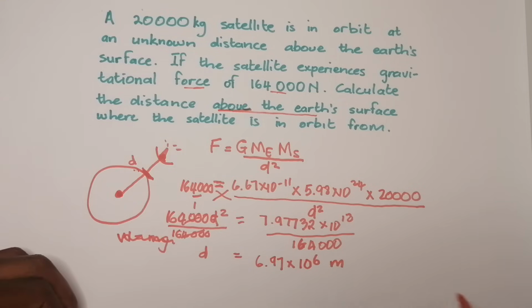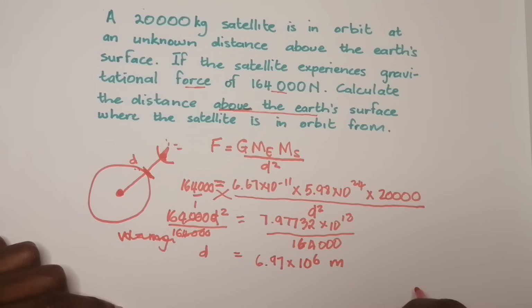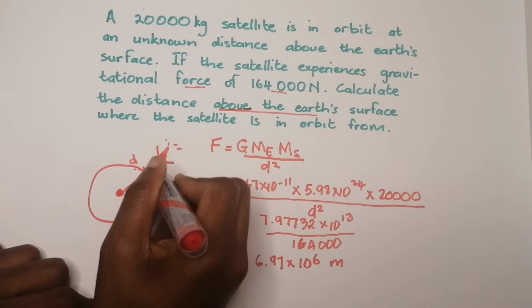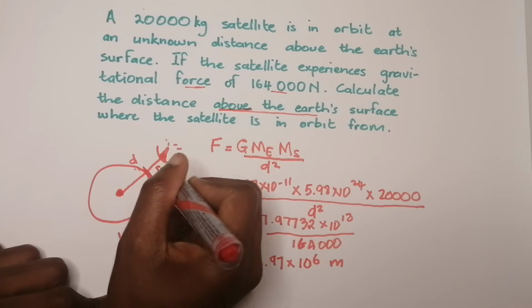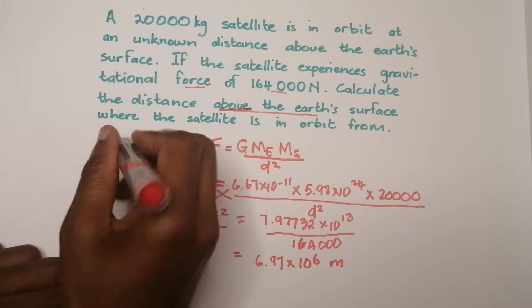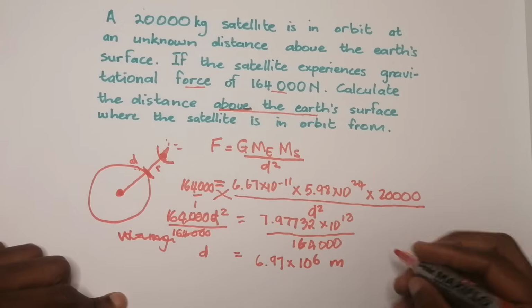So in this case, what am I supposed to do? Let's call that distance small r. Or in fact, you could have called the entire distance r, and then called that distance small d, whatever the case may be.